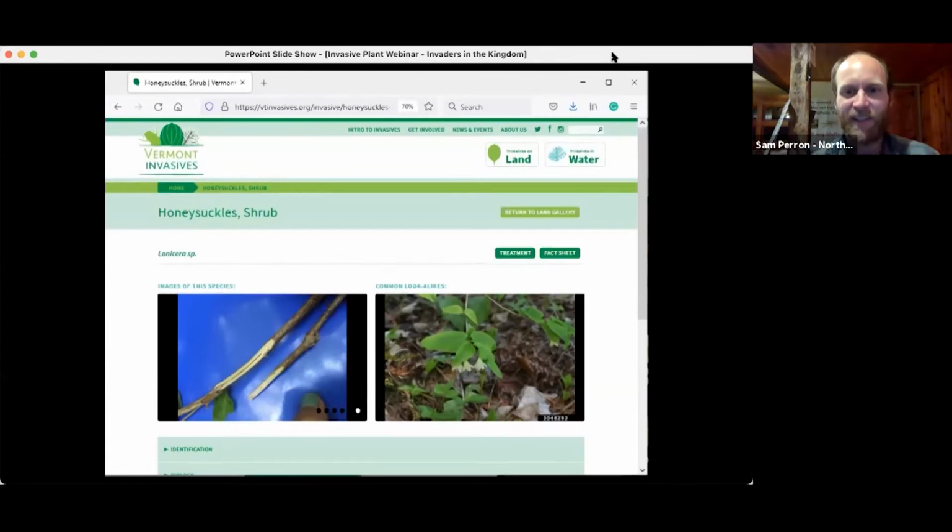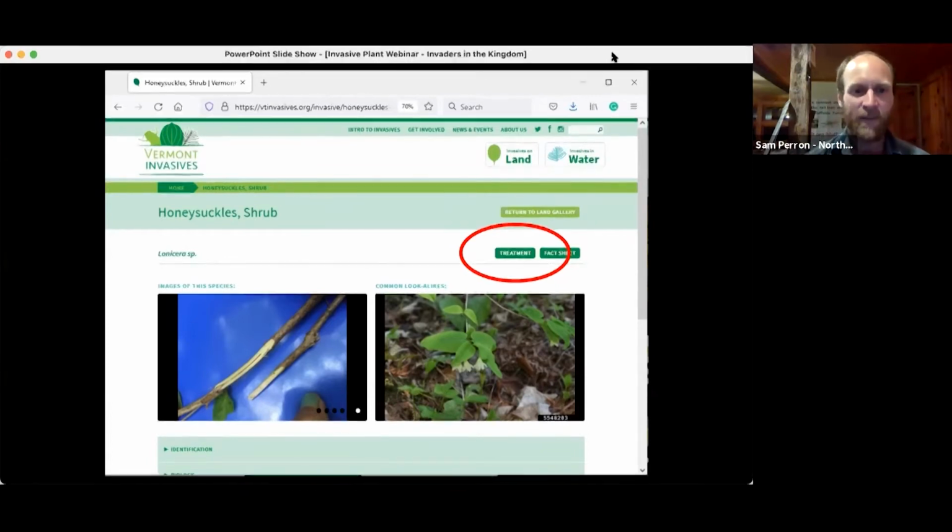One thing that's easy to overlook that's incredibly helpful is a little button toward the top that says treatment. There's another one that says fact sheet, but the one that says treatment is super helpful. If you click on that, it's going to download a document that has species-specific information about how that plant grows, how it disperses, and some of the effective ways that you can manage it. So really, really good resources there.